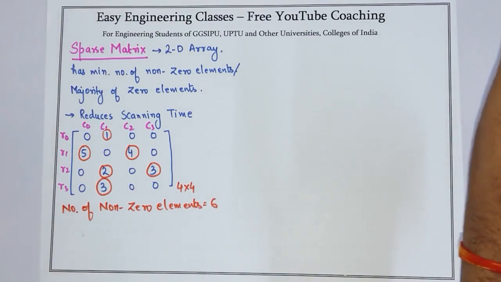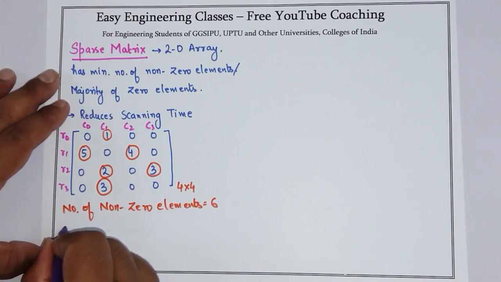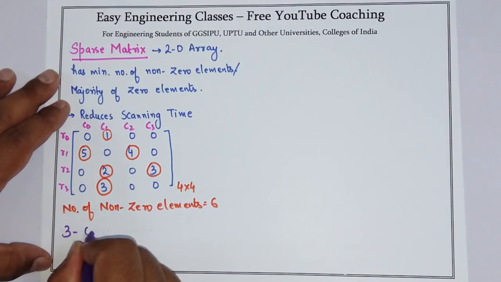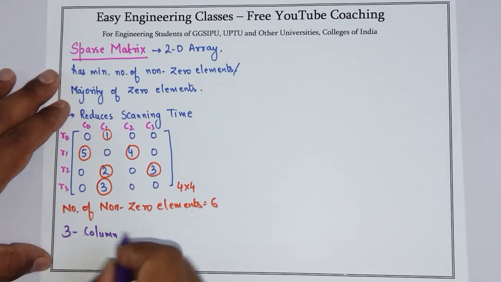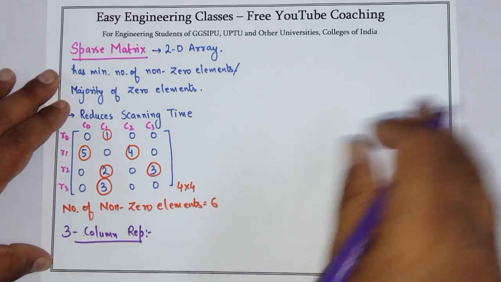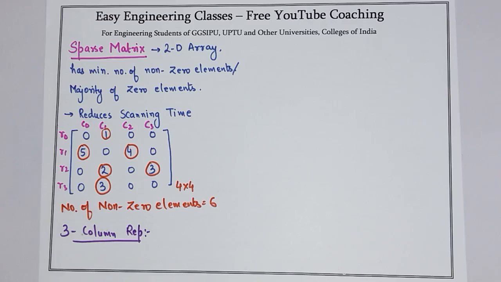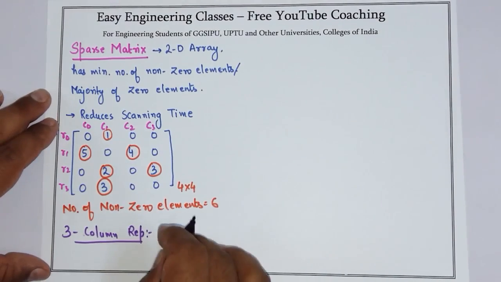Now let's see different types of representation of sparse matrix. In this class I am going to show you 3-column representation of sparse matrix. In the 3-column representation, an array of 3 columns is used. So you have to write this.